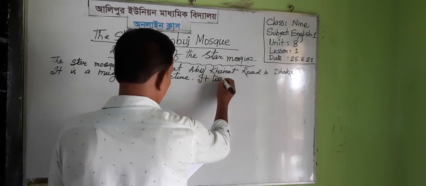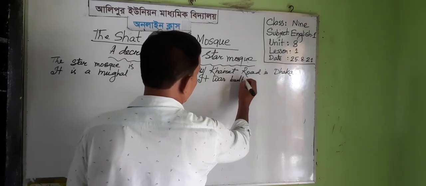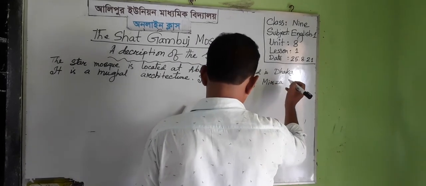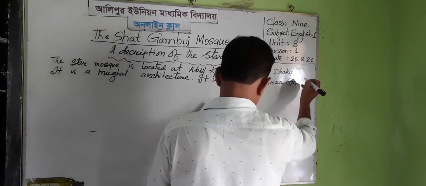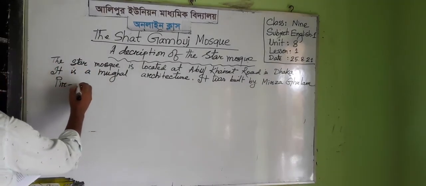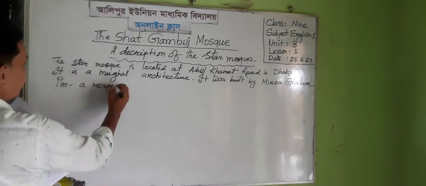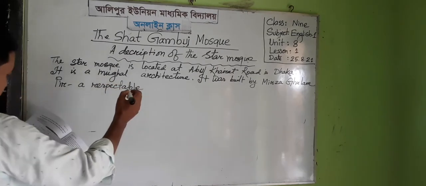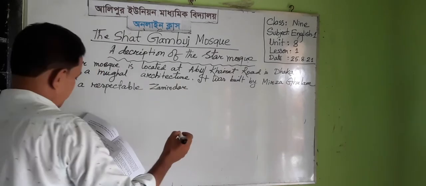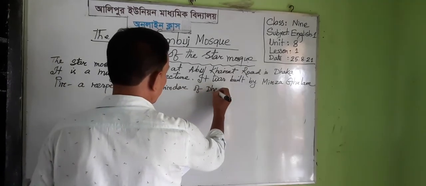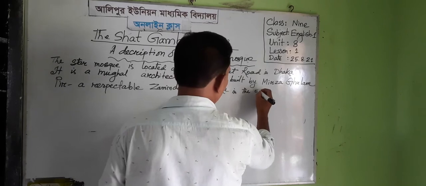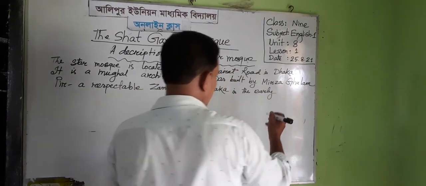Next, it was built by Mirza Ghulam Pir, a respectable Jamindar of Dhaka, in the early 18th century.